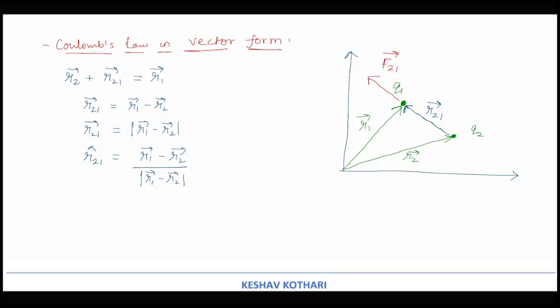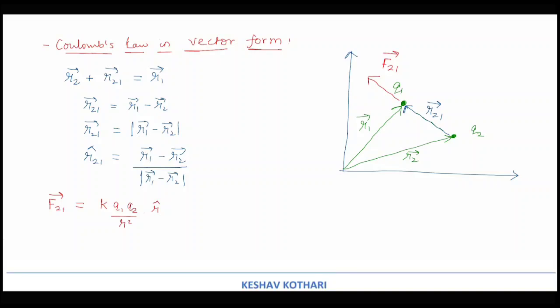If I wish to write F21 vector in vector form, then we write it as K Q1 Q2, the product of the two charges, over the separation between them, R square, multiplied by R cap, which is the direction of the R21 vector.